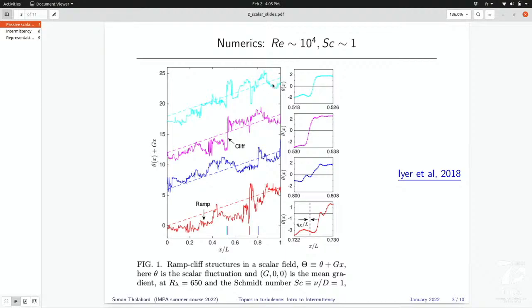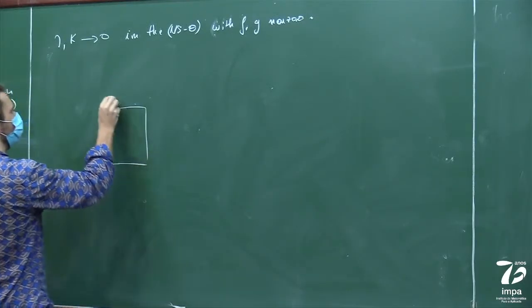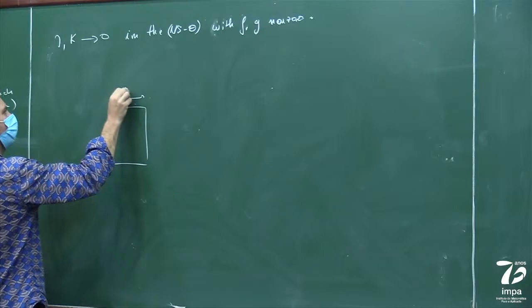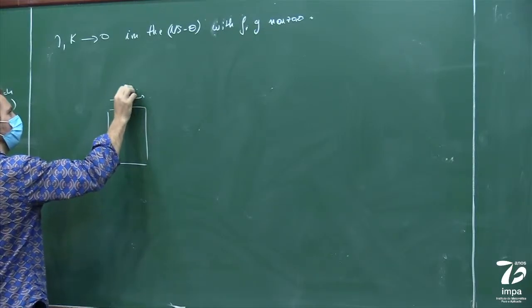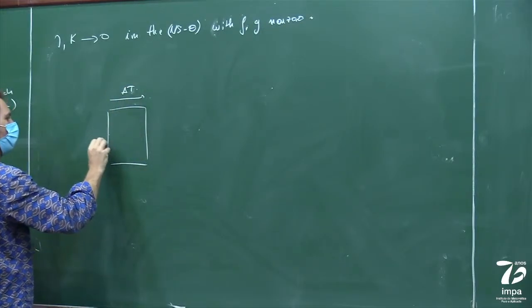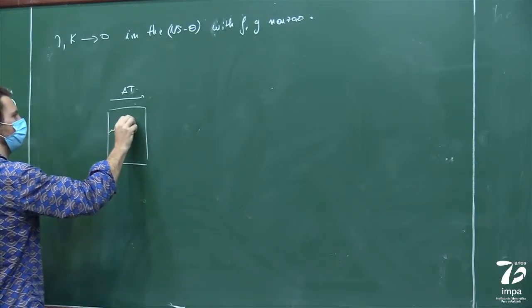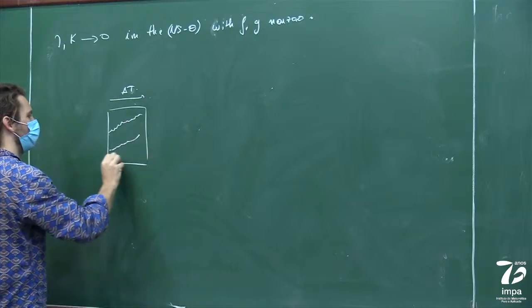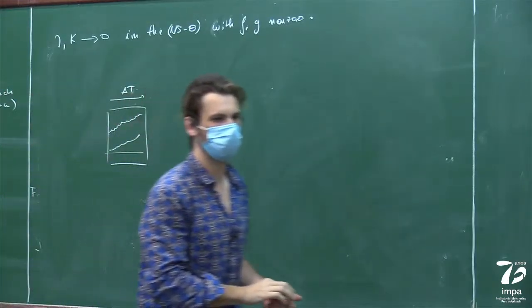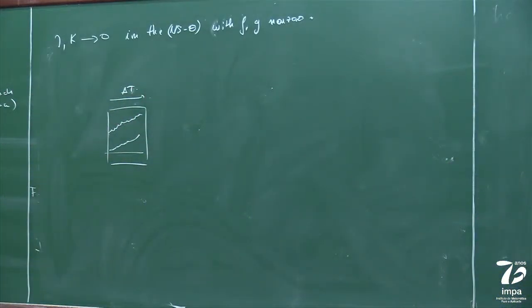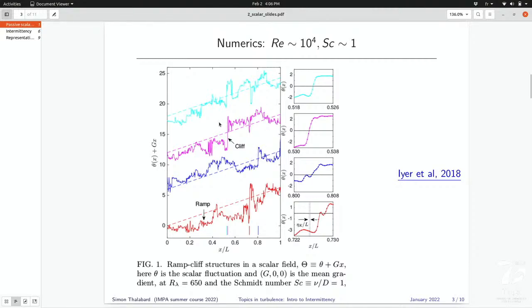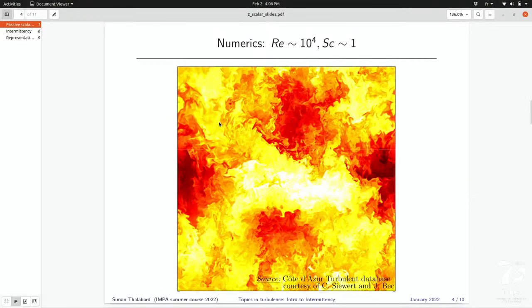We have a gradient here of theta, and we measure the temperature at a different point, along different lines, and so we see something which is very much irregular. And perhaps this numerics is what tells you what scalar turbulence is about.